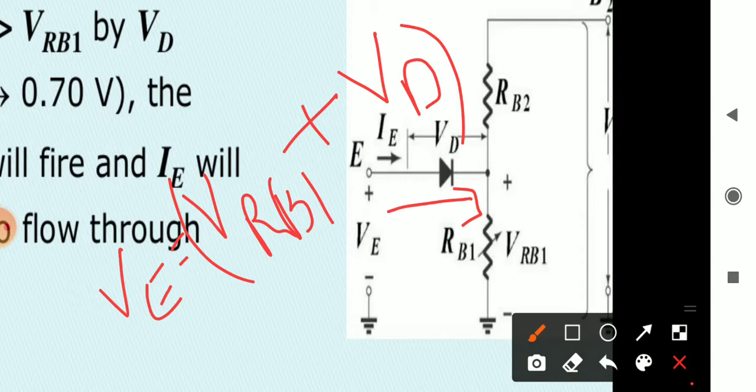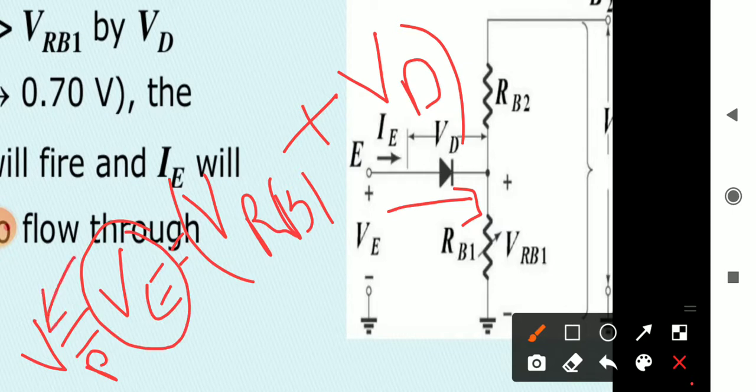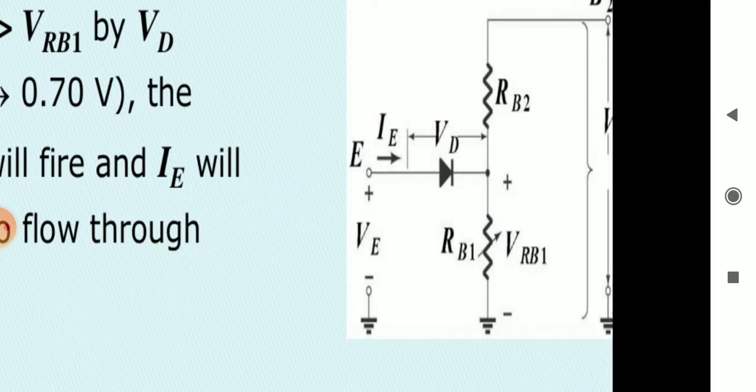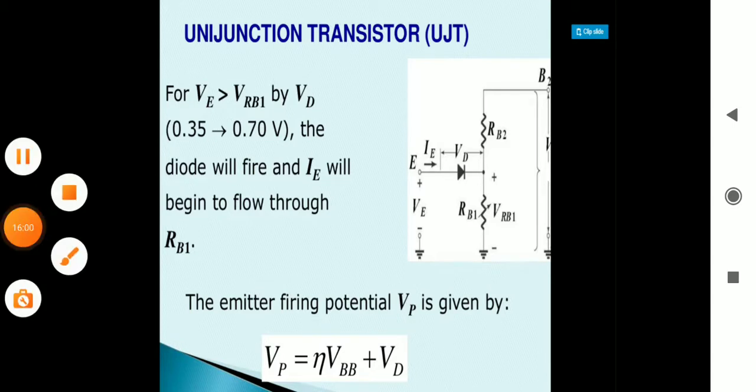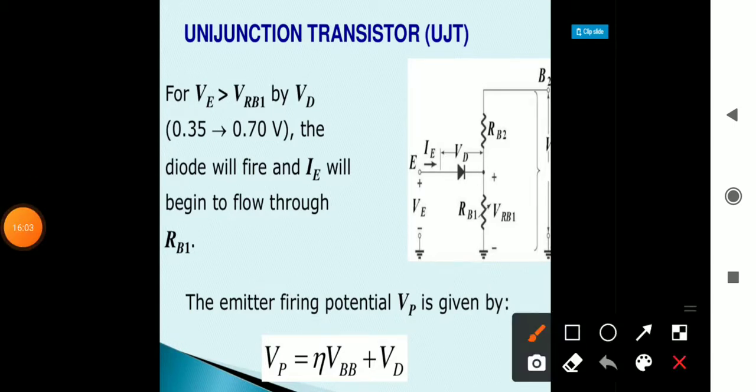Now, in order to turn on the UJT, the emitter current starts to flow in the circuit. The emitter firing potential, that VE, I call VP. When my VE reaches the value of VP, only then will the UJT turn on. That is given by this equation. VP is the voltage required to turn on my UJT.